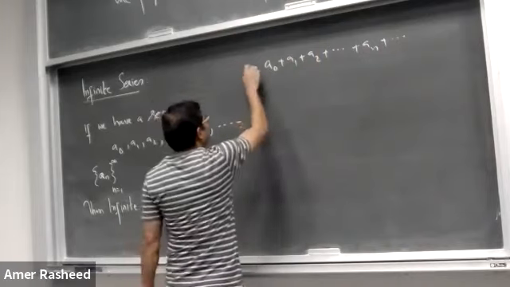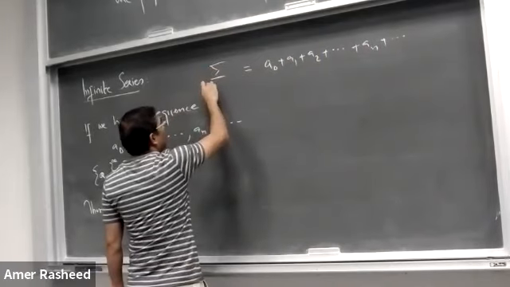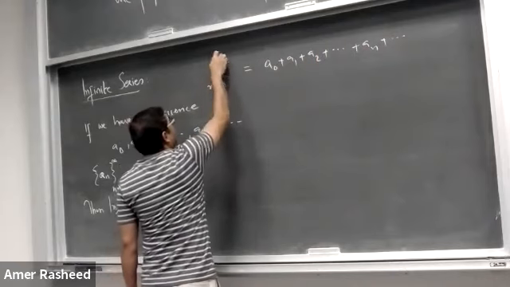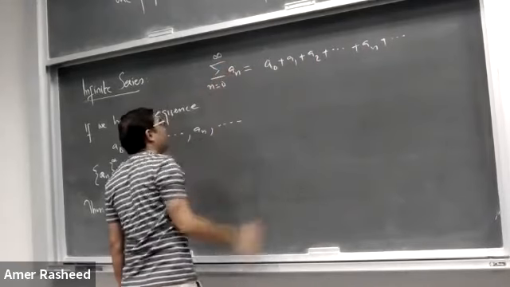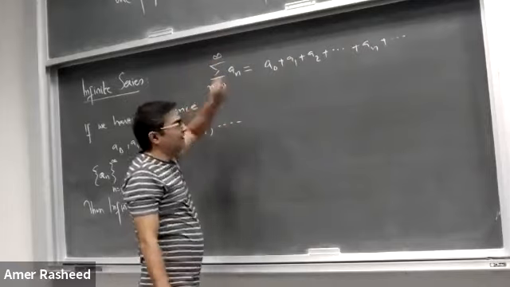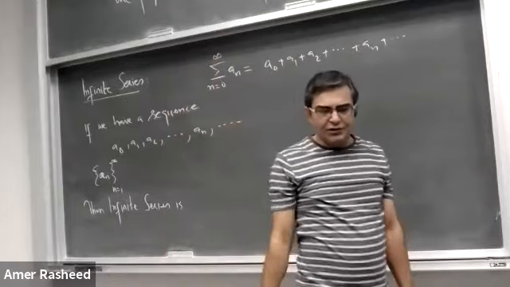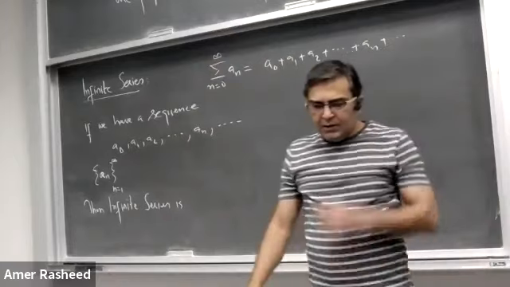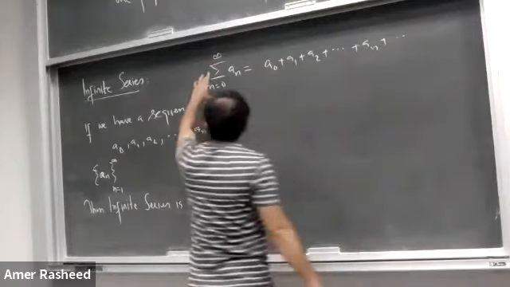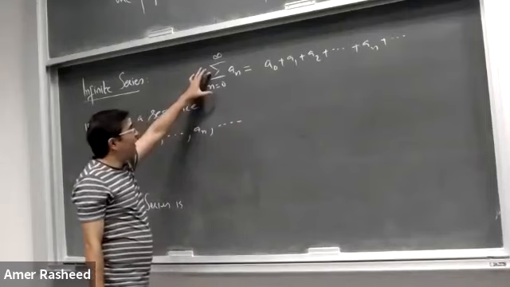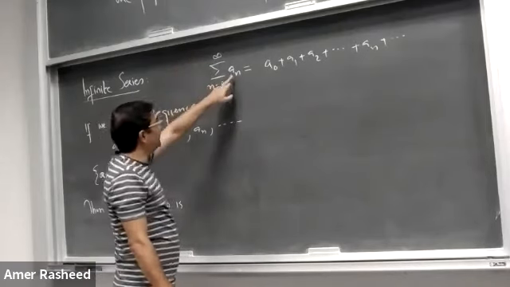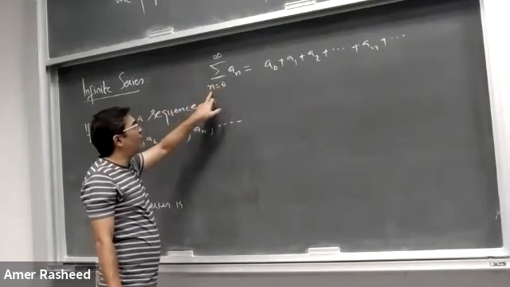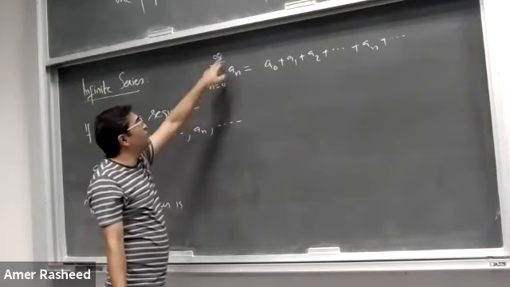In short, the series can be written as the sum, n from 0 to infinity, of an. This is how we write a series in summation notation. I hope you know what summation notation is. What does it mean? We take the sum of these terms by varying n from 0 to infinity.